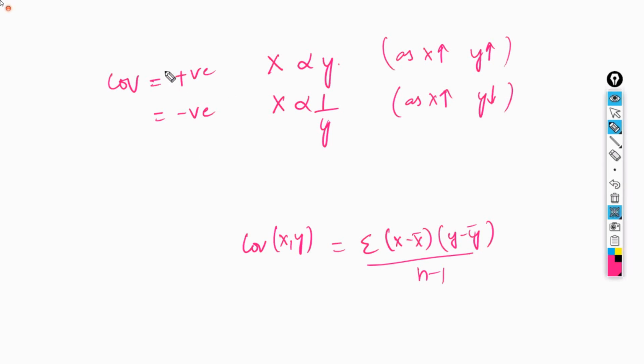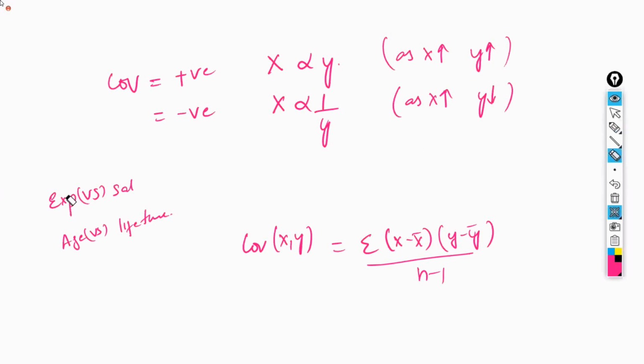Example, if you consider your experience versus salary, then automatically the covariance will be positive. As your experience increases, salary increases. As your age increases, your lifetime decreases. If you take that one, then automatically the covariance will be negative.